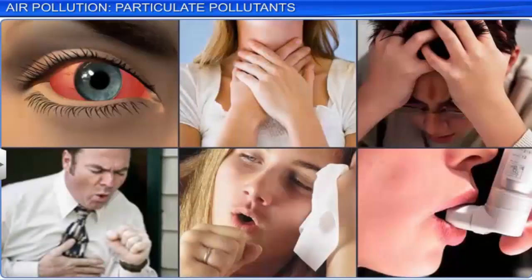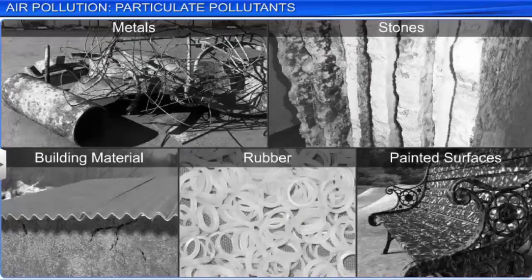These components of photochemical smog cause health hazards in animals and in man, such as eye, throat, and lung irritation, headache, chest pain, cough, difficult breathing, etc.